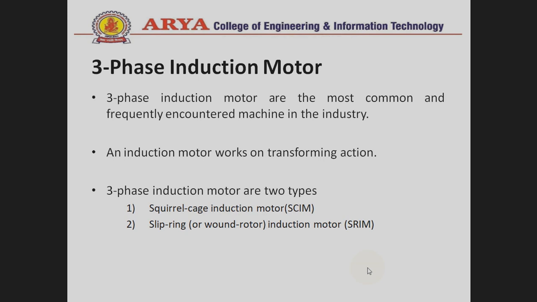The difference is that in the induction motor, the secondary winding can move, but in the transformer, both windings are stationary. In the induction motor, the rotor winding rotates. Due to the rotation of the rotor, the induced voltage in it does not have the same frequency as the stator voltage.